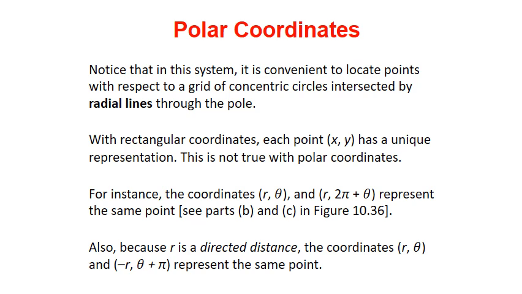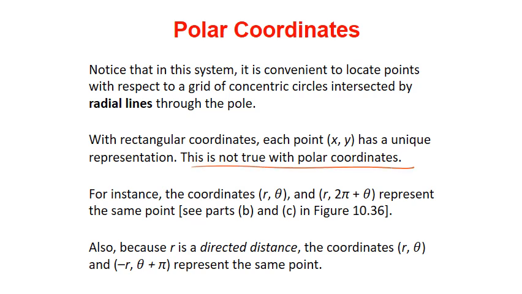In rectangular coordinates, they are unique. There is one ordered pair for each point. However, with polar coordinates, that's not the case. There are different ways in which you can represent them.